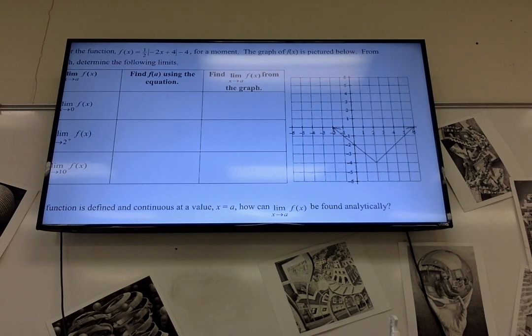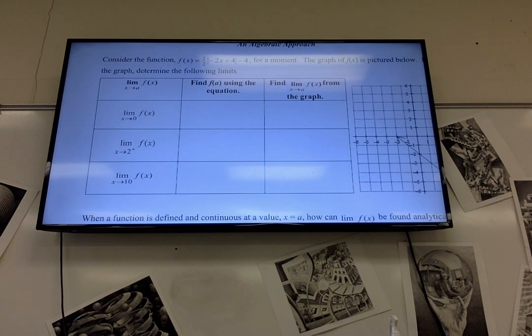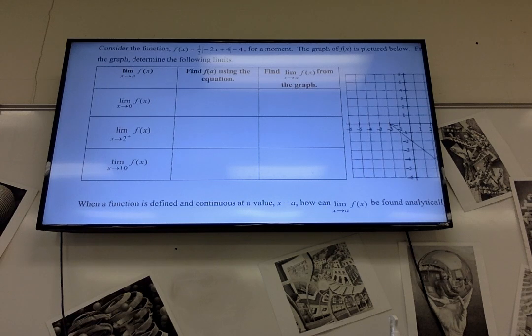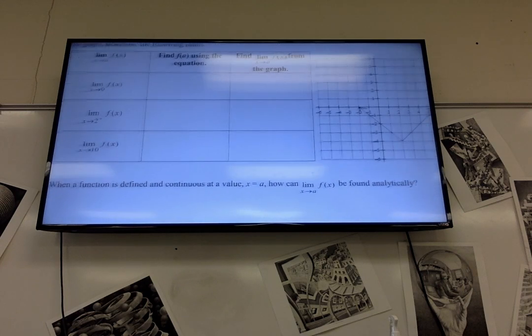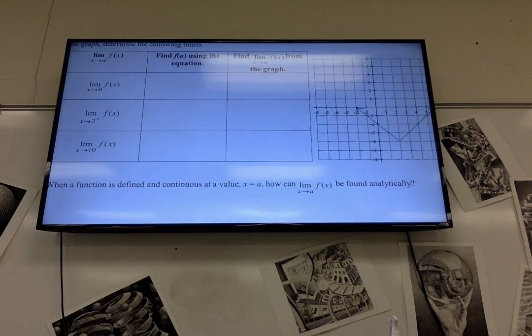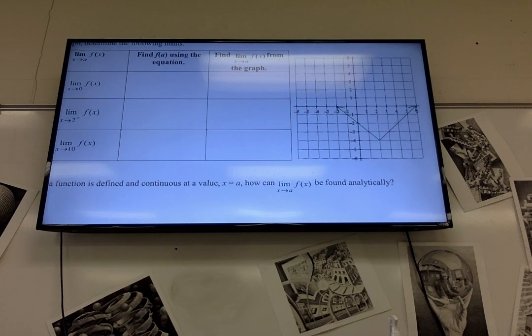All right. And then from the graph, so we're going to start with the graph. From the graph, we're going to figure out the following limits. So the limit as x approaches 0. So look at the picture. As x approaches 0, 0 is here.